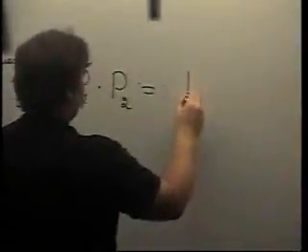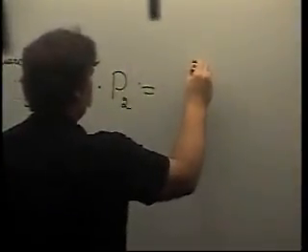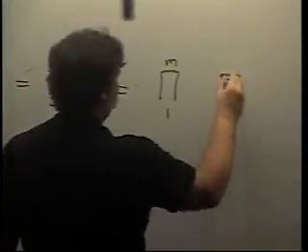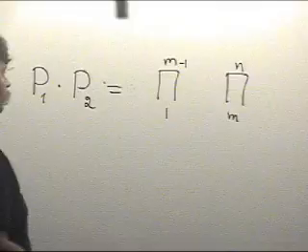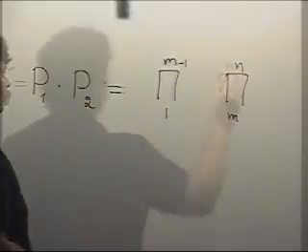So P1 will be the product from 1 to m minus 1, and P2 will be the product from m up to n.